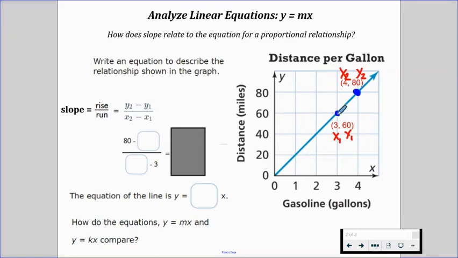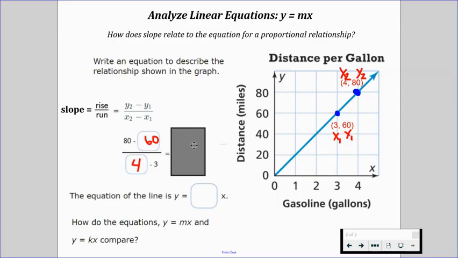Well, going back to my first ordered pair, y1 is a value of 60. Then x2 minus x1. x2 is a value of 4, and they properly plugged in that x1 was 3. So all we have done is plugged in those numerical values, and we are now ready to calculate the slope.